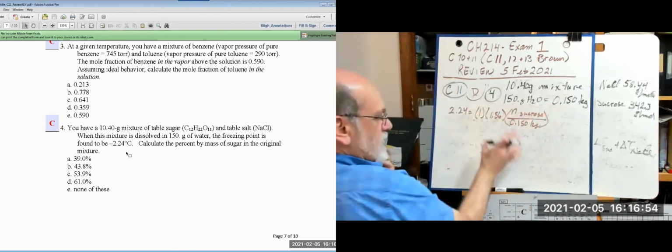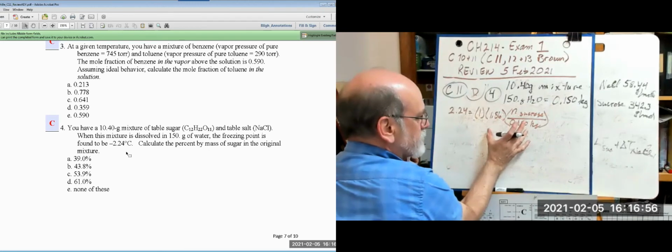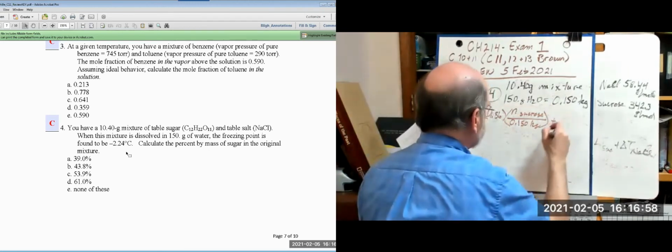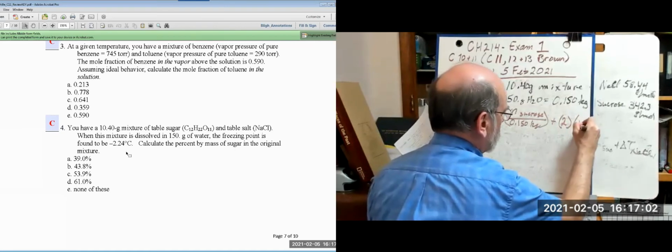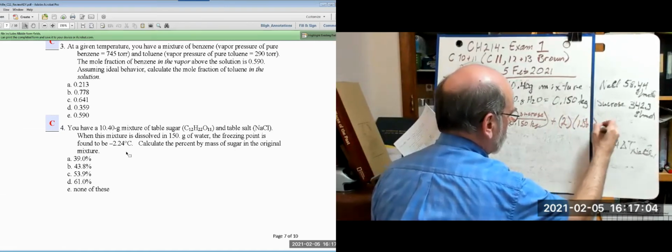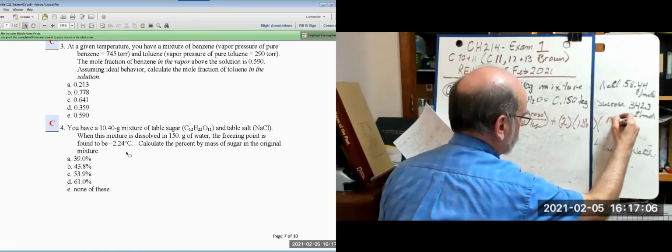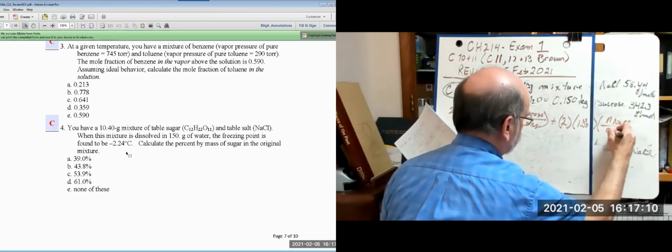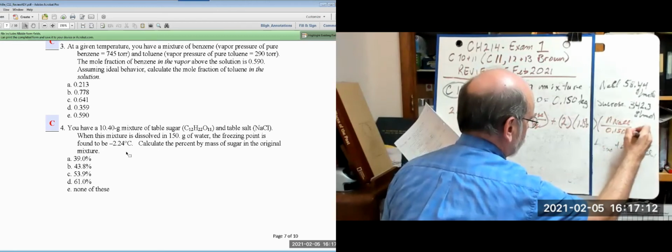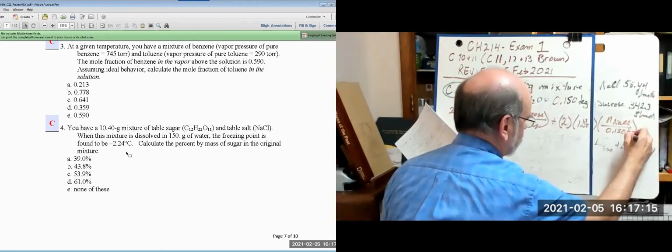Correct? That's the delta T for sucrose. This is the delta T. There you go.